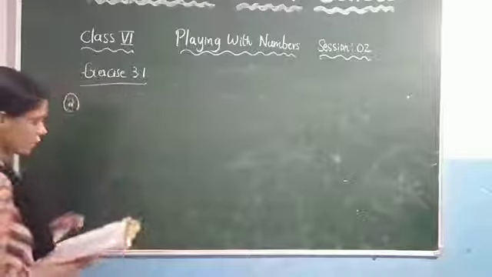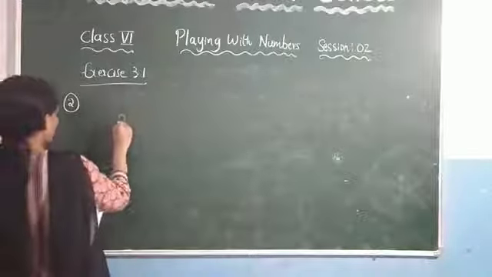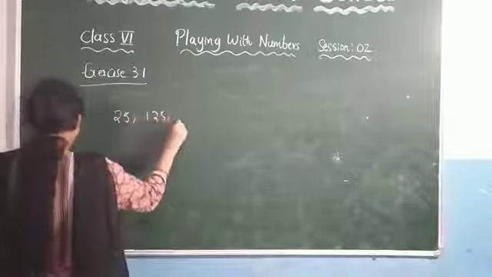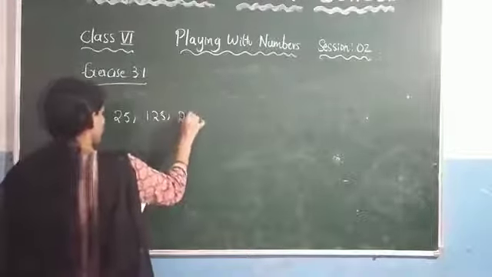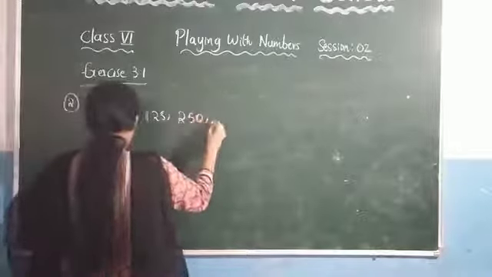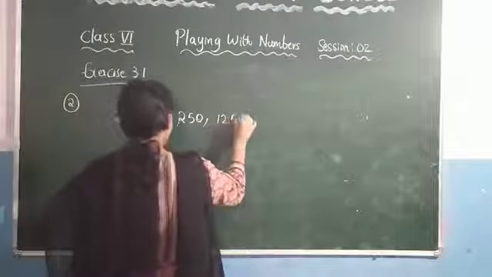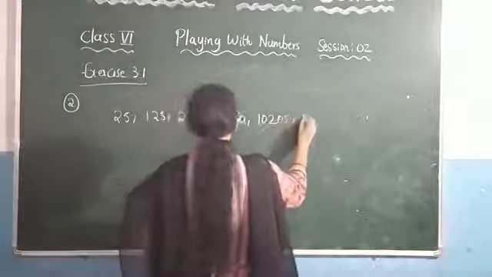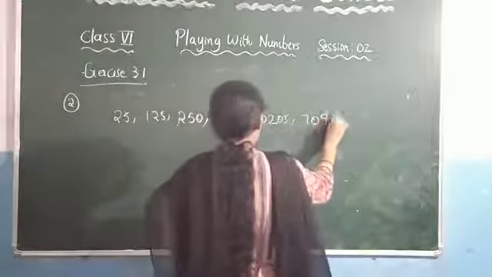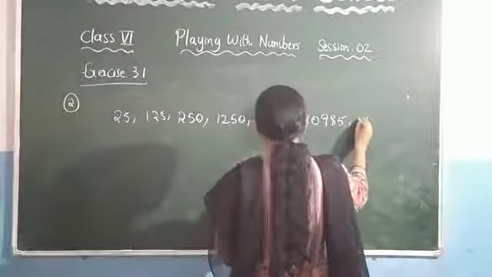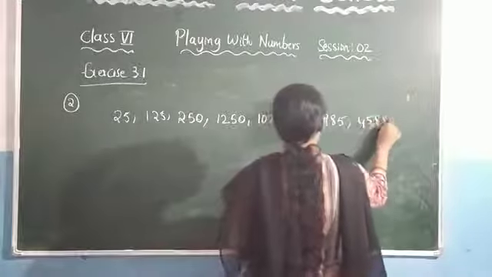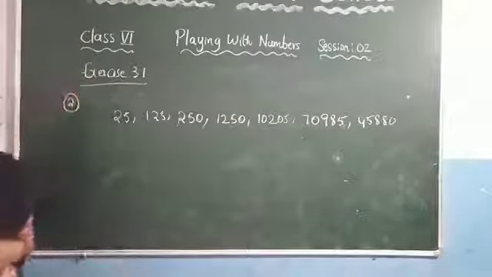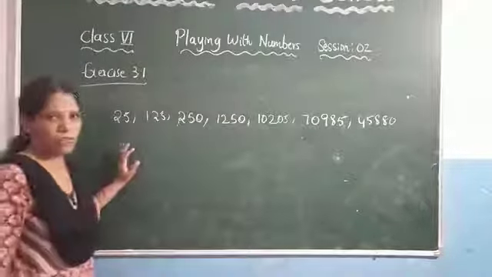First, check the numbers given here: 25, 125, 250, 1250, 10,205, 70,985, and 45,880.